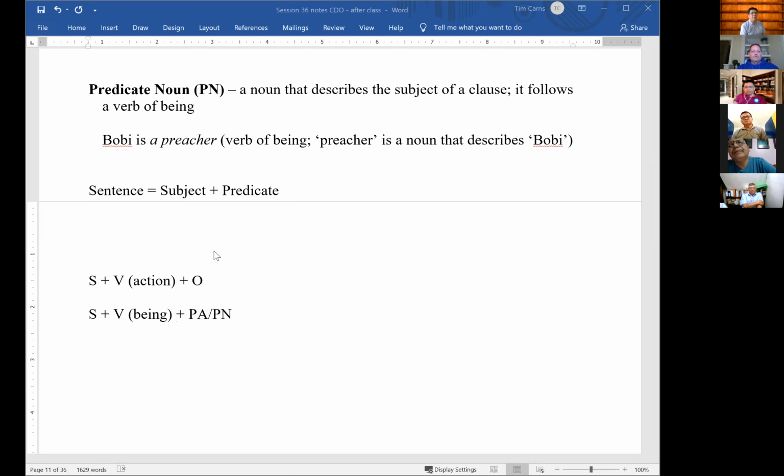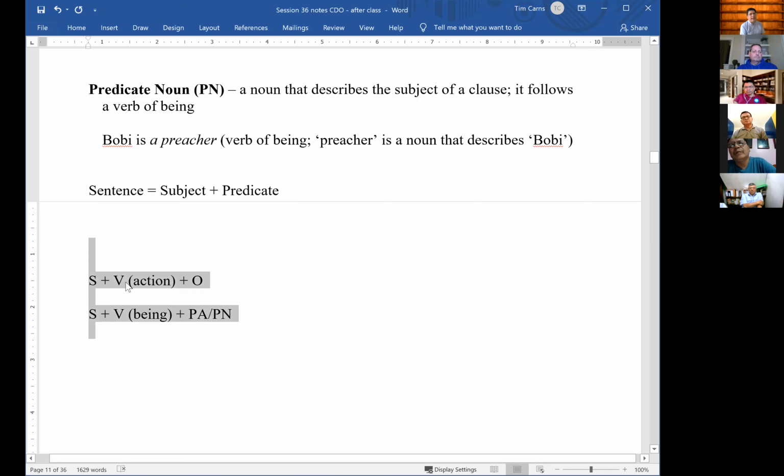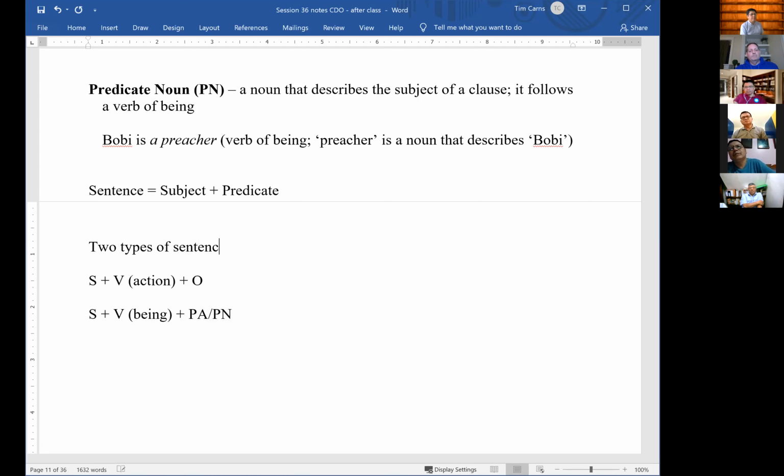Okay? So, Pastor Tim, that's a formula already. Yeah, so these are two types of sentences, or really technically clauses. And I'll get into that in a minute. Sentence pattern. Yeah, that's a good descriptor. I'll say clause pattern. And again, remember, a sentence contains at least one clause.